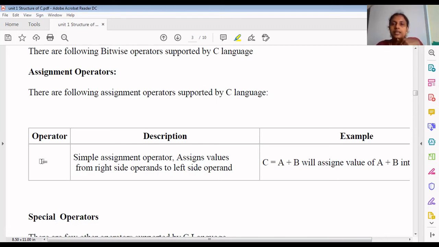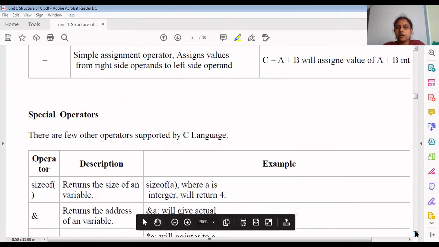In the first, the value 7 is assigned to the variable A. On the other side, the left hand side 7 is compared with the right hand side 7 to check whether both are the same. Okay, take down this common question: difference between equal to and double equal to.